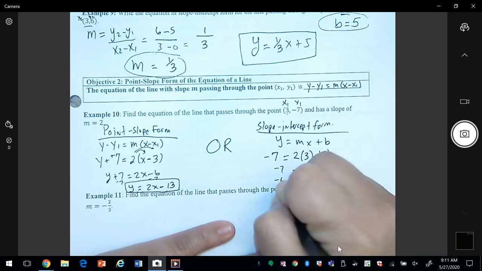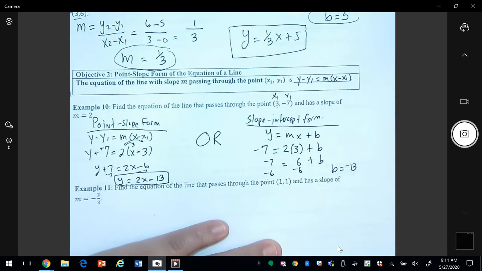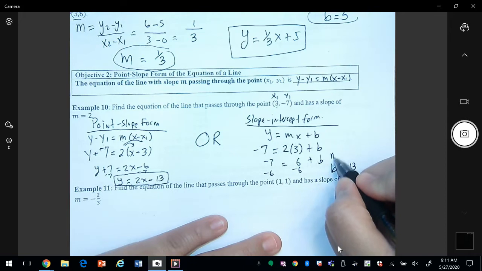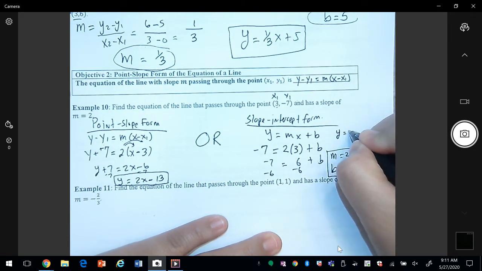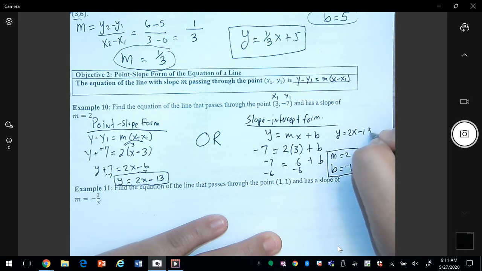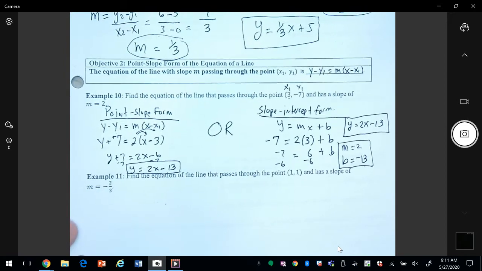Subtract the 6, so we get that b is negative 13. So what we did here is we actually found b, so your slope is 2 and b is negative 13. So now we can just substitute that in and get our equation. So those are two ways of doing the same problem.